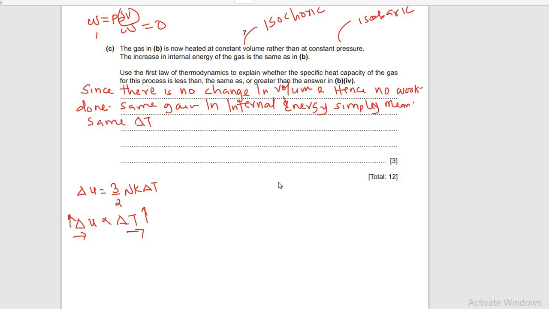But the question now asks us to use the first law of thermodynamics to state whether the specific heat capacity of the gas for this process is less than the first term, same as the first term, or greater than the first term. Now, the key to this question is the same temperature.